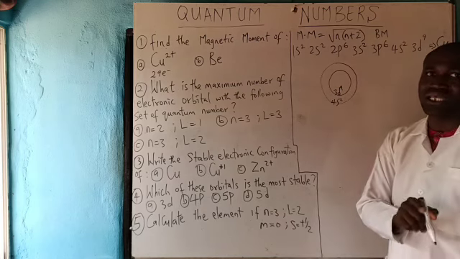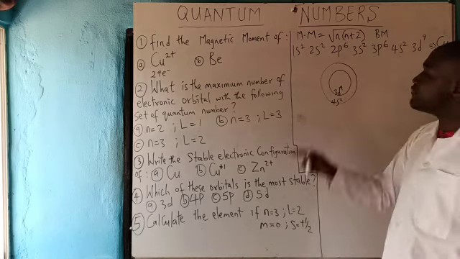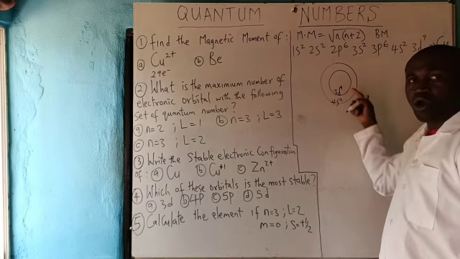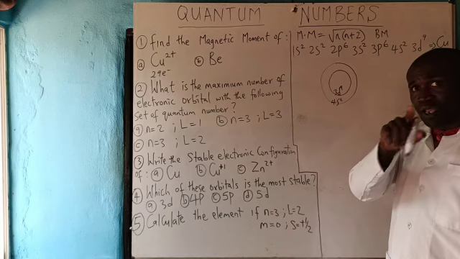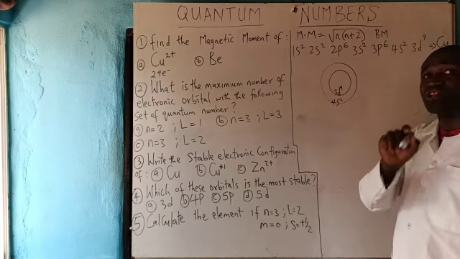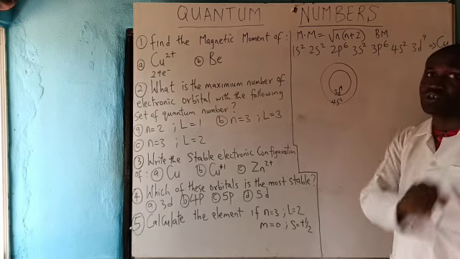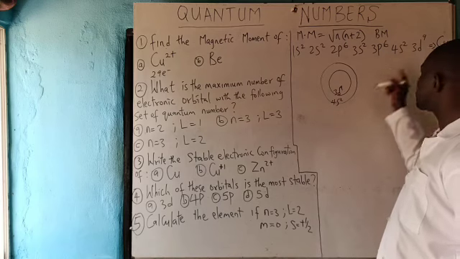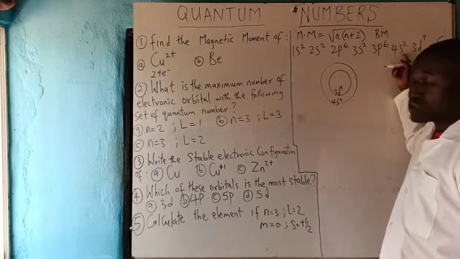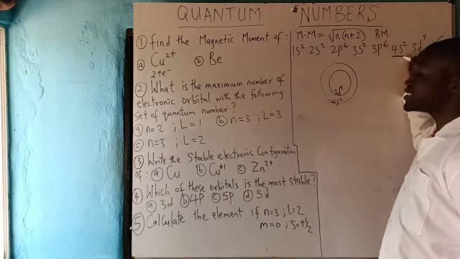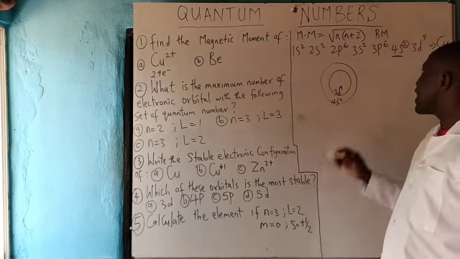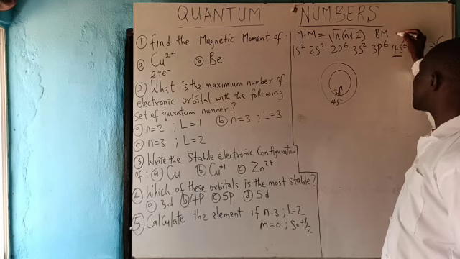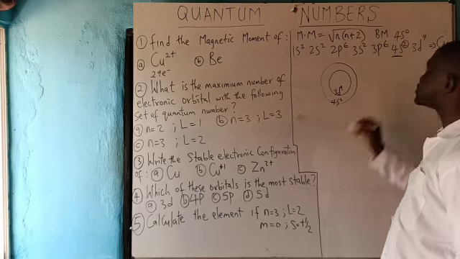Now, I want to ask, should the electron leave from the innermost shell or from the outermost shell? You and I believe that electrons always leave from the outermost shell. So what is your outermost shell? That is 4s2. So these 2 electrons here will be lost. And once they are lost, what we will have here is 4s raised to the power of 0.